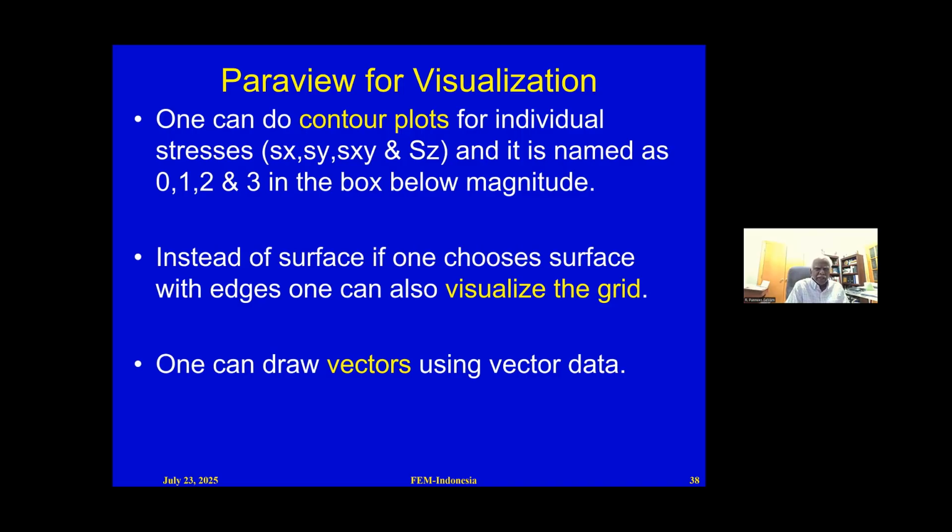Because this is a program written in a C style, they will have 0, 1, 2, 3 as the numbers in the box under magnitude. If one chooses surface with edges instead of surface, then one can also visualize the grid. And I'll also show how to plot the vectors.